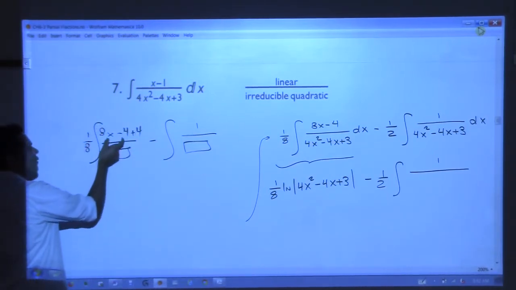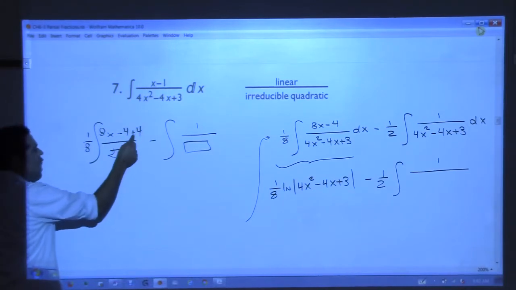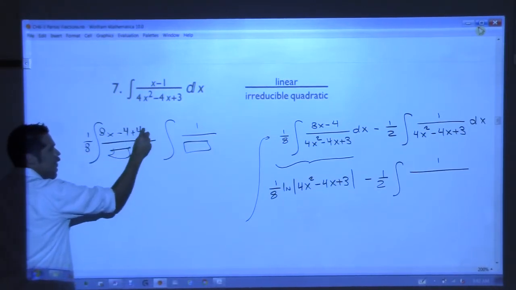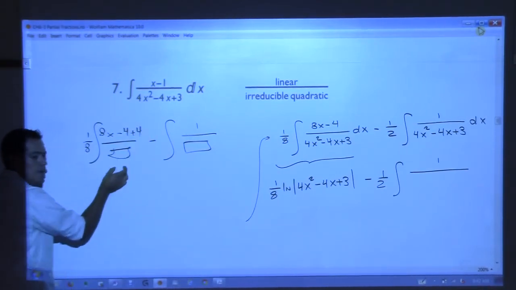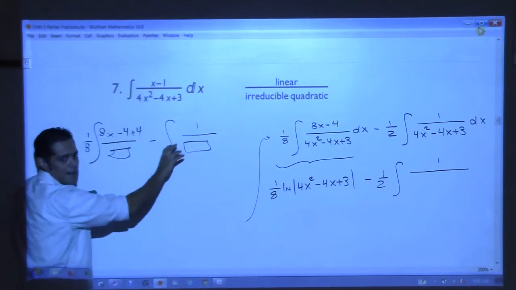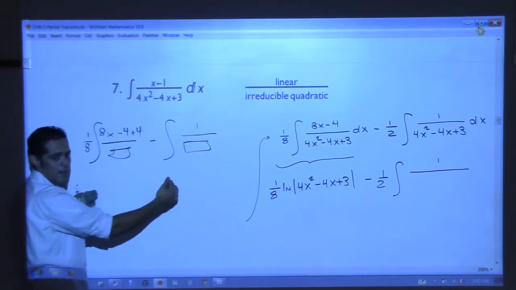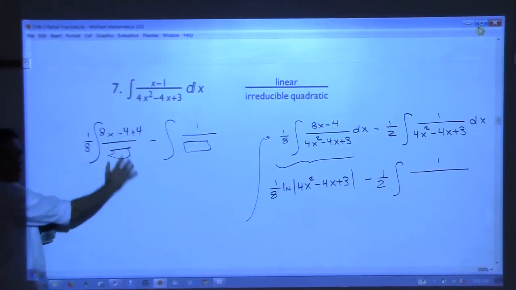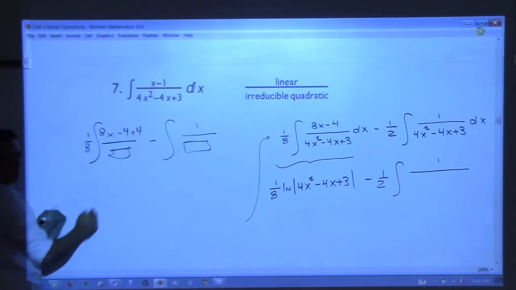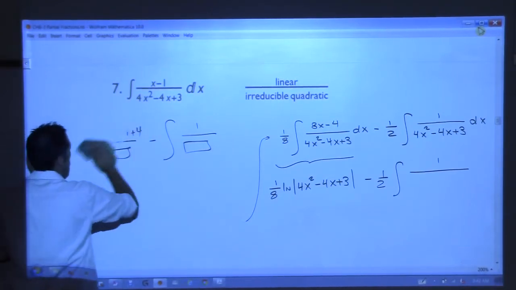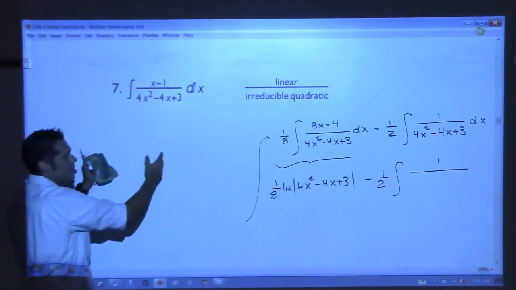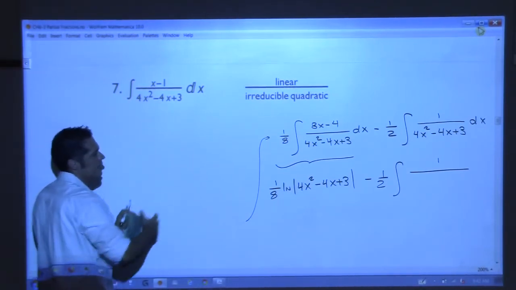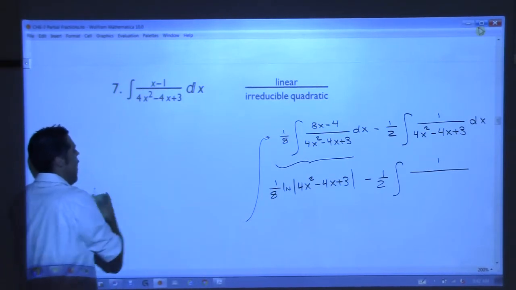You would have split it into 2, and then you would have had the 4 over this. Every single time, because of this hidden 0, this is always going to be a number over your quadratic. So you're always going to get constant over quadratic, because the linear part you're grabbing and using. That make sense? But I don't recommend you do it that way because you then have to combine 2 integrals together at the end. It's better to just do it all at one time.